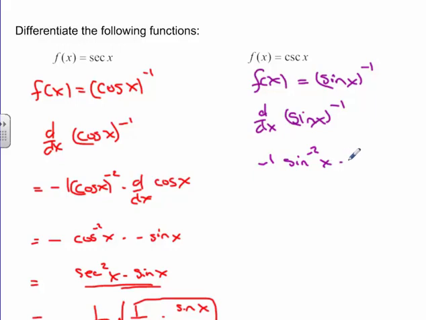Drop the exponent by 1. And then find the derivative of sine, which I'm just going to do in a second step. So you've got -1 over sine x, and then another sine x. And then sine turns into cosine.